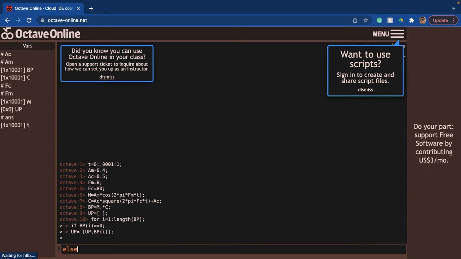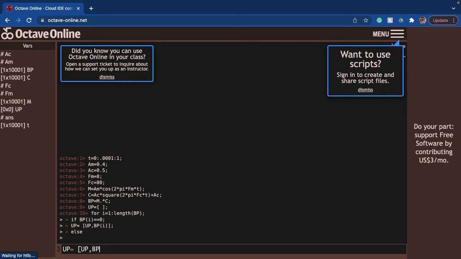Else, if it is not equal to 0, then the unipolar will be equal to bipolar plus a constant. We have to add a constant to it to raise it.